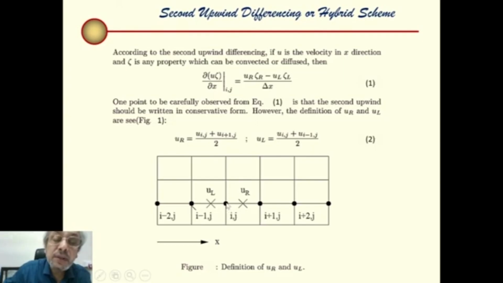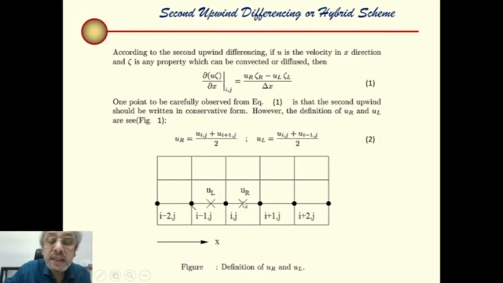i,j is the point of interest. u_r is a rightward point that will be considered, which is between i,j and i plus 1,j, and u_l is the leftward point which is between i,j and i minus 1,j. You can write east and west, whatever.